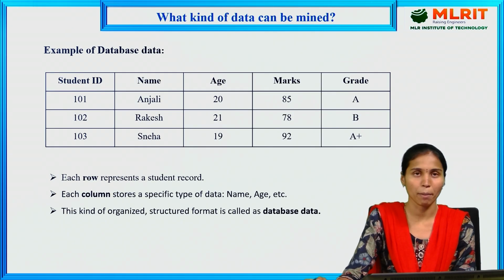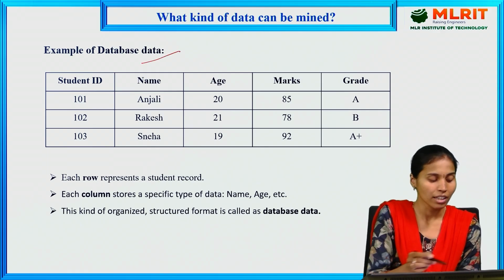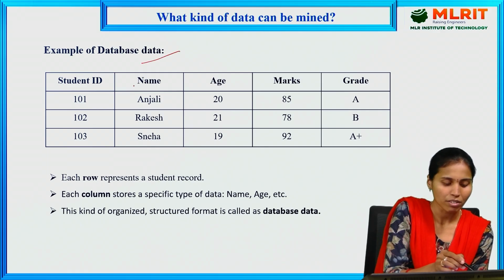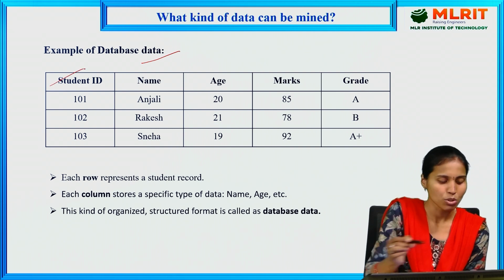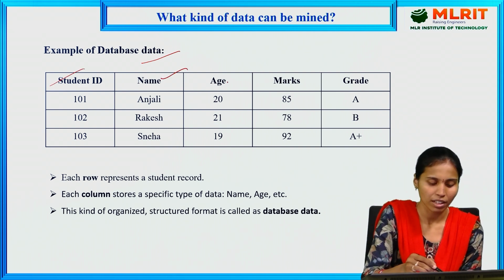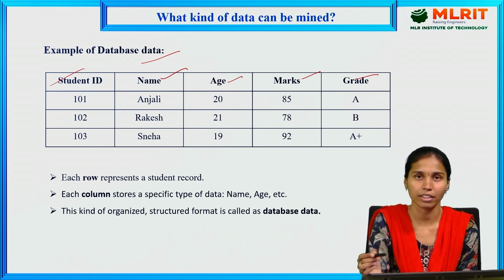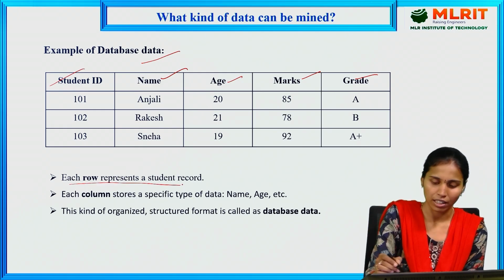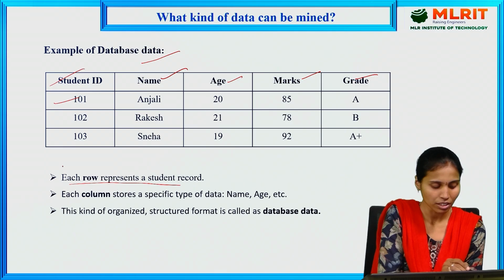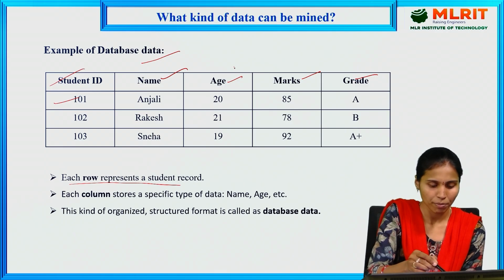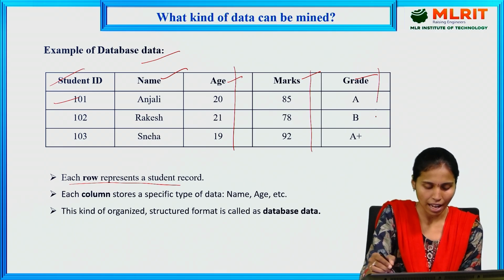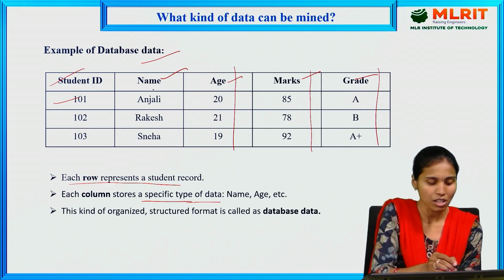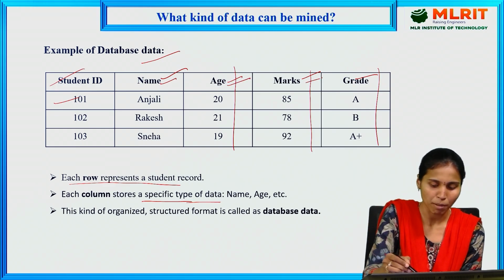Coming to an example of database data, here I am representing one table. In this table, we have 5 columns: student ID, name, age, marks and grade. Each row represents a record and each column represents a specific type of data, that is name, age, marks and grade.